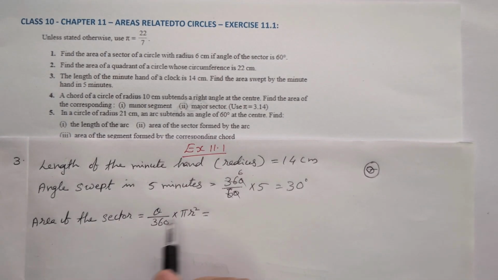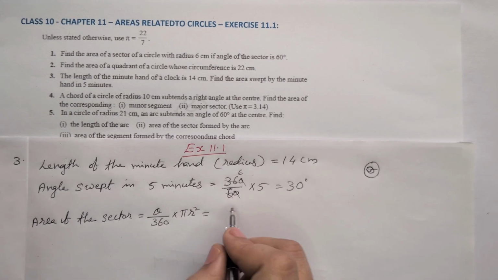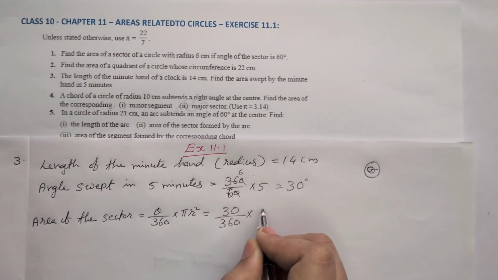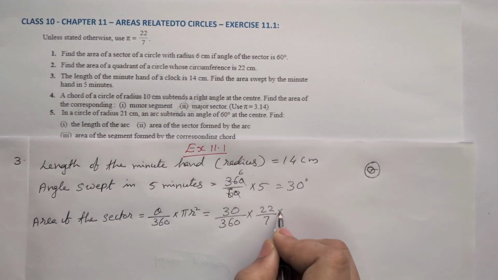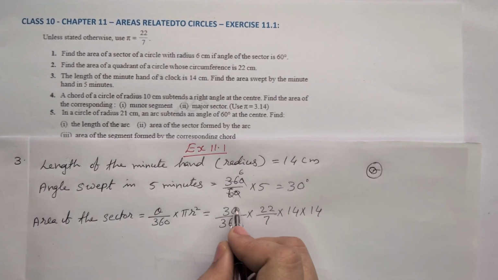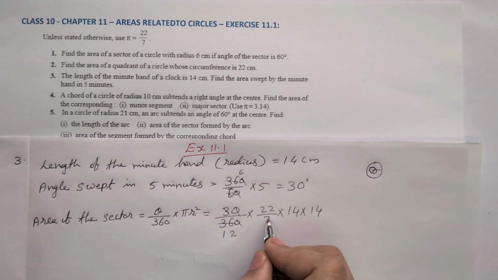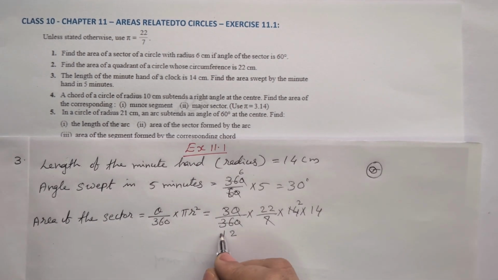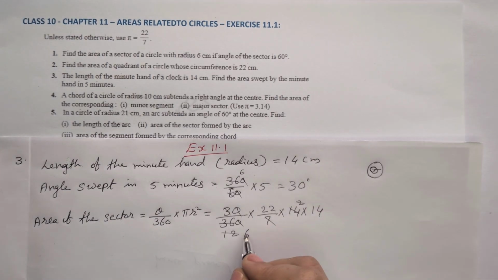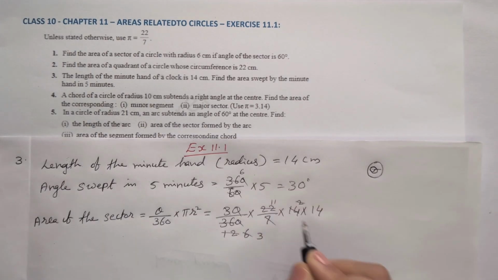Now find the area of the sector. Theta by 360 into pi r square. Here theta is 30 degrees by 360. Pi is 22 by 7. Radius is 14, 14 into 14. Cancelling, dividing by 3, 12; divide by 2, here 6; one more time divide by 2, here 3, and here 11.